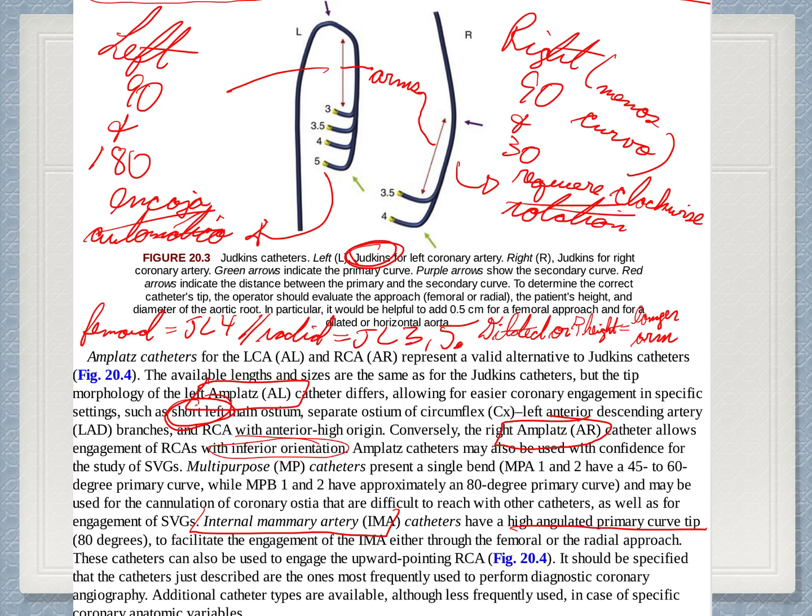Then we have that in general for femoral approach, the JL4 is okay. It starts off with 3, as you can see in the different terminal lumens of the catheter on the left. There's a 3, 3.5, 4, and 5.